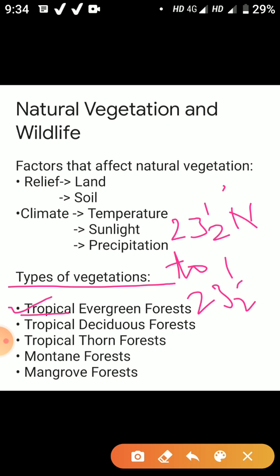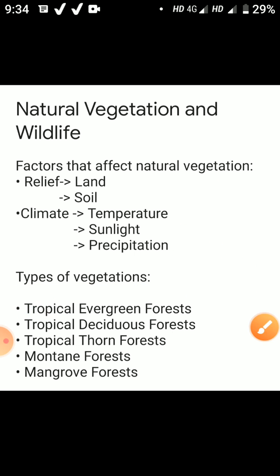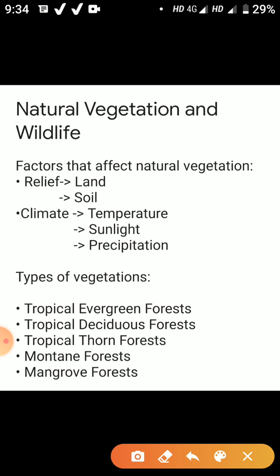This zone itself has a number of subcategories of forest, and we are going to study only 3 categories out of them. That is tropical evergreen, tropical deciduous, tropical thorn forest.